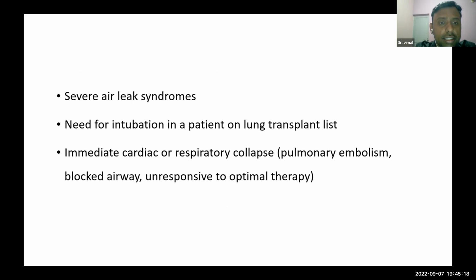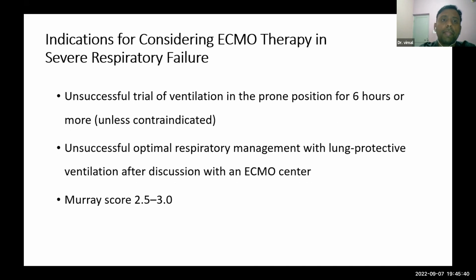In other conditions like severe air leak syndromes and those patients who are on lung transplant list and they have got severe respiratory failure, as a bridge to transplant, one can consider this therapy. And in case of pulmonary embolism, blocked airway, unresponsive to the therapies, then also you can consider VV ECMO.